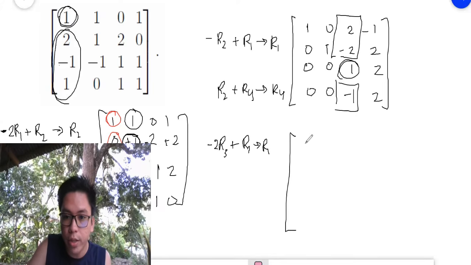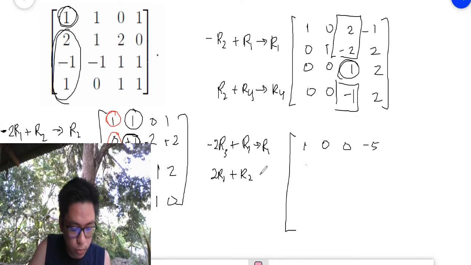So I'd have 1, 0, this becomes 0, this becomes negative 5. Then I'm going to have 2R3 plus R2. That will be my new R2. And so I have 0, 1, 0, and that will be 6.